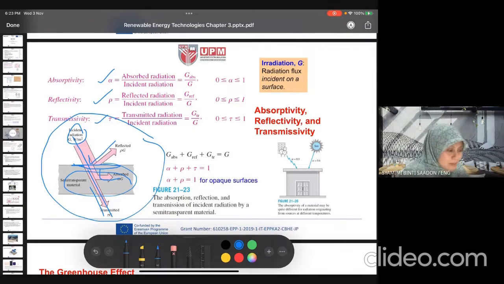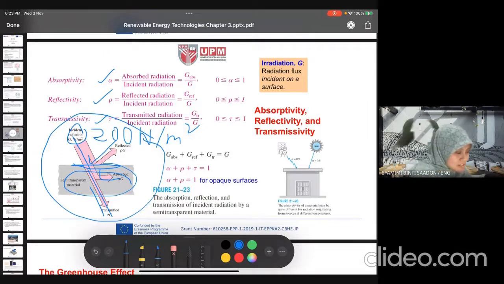For example, if we have solar incident radiation, we assume that the radiation at our location, Kuala Lumpur or Bangi, I'm at Bangi right now, near our house, is, for example, I don't remember the exact amount, 200 watt per meter square. We always measure like this, watt per meter square. Maybe 20% is reflected.